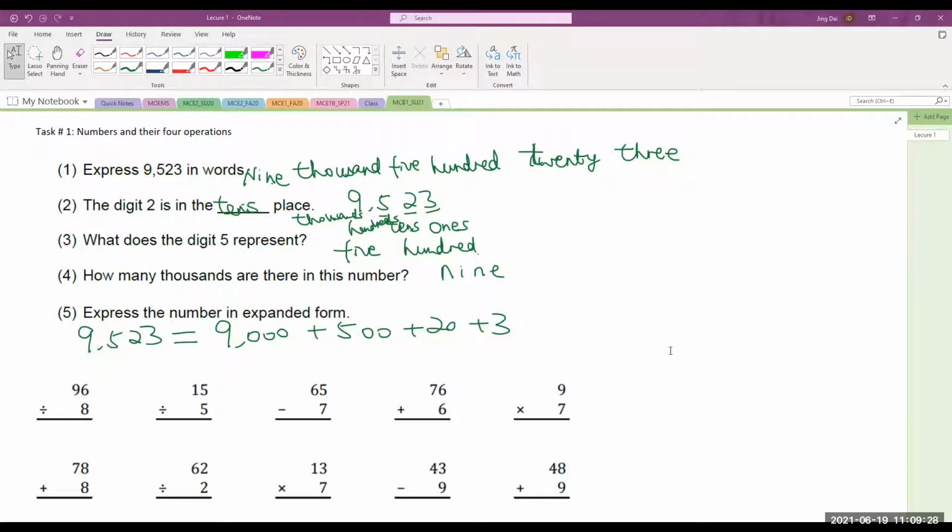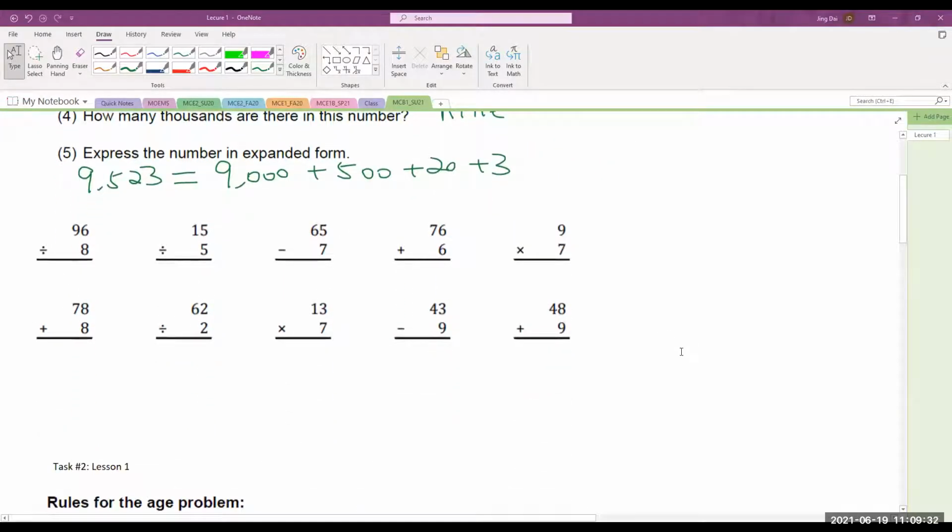So now, are you guys ready to look at some of the four operations? By the way, these are called the long formula or the vertical formula. And this one is really just 96 divided by 8. It's the same thing, okay?